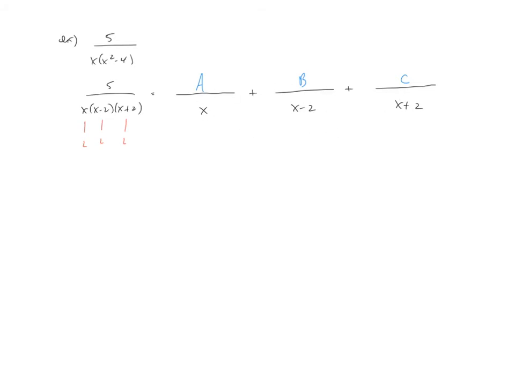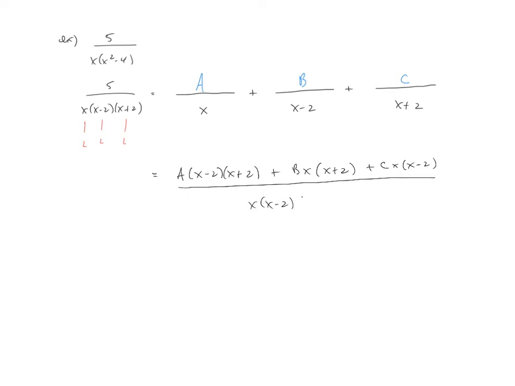Remember, we're decomposing, so that's ultimately what we're going to do, but we still need to figure out what A, B, and C are. So I would carry it a step further to where I would have A times x minus 2 times x plus 2, plus B times x times x plus 2, plus C times x times x minus 2, and that's all over x times x minus 2 times x plus 2.